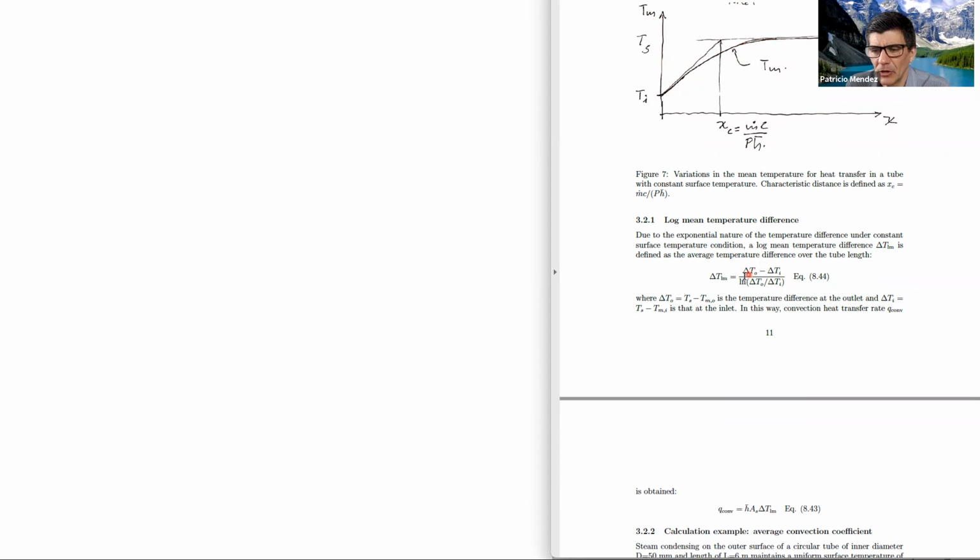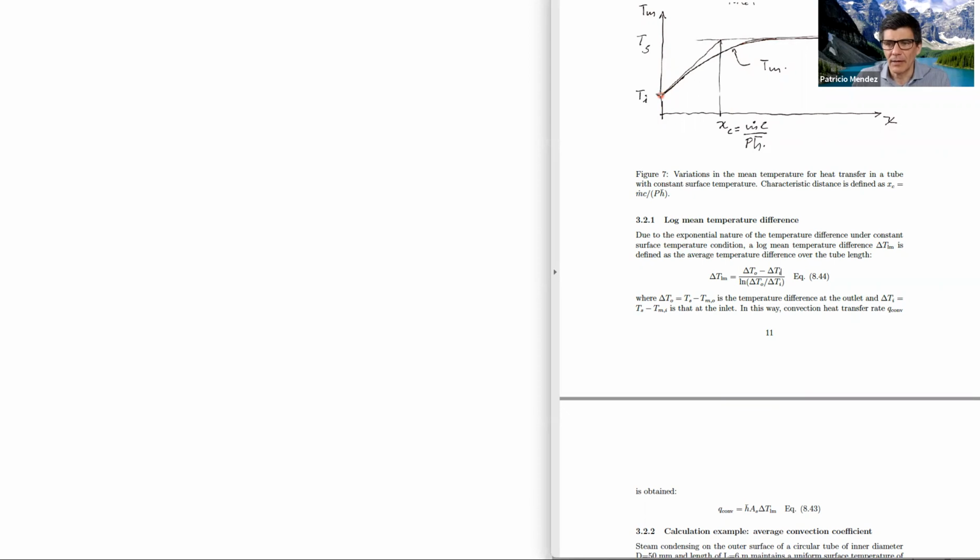So delta T log mean so far for internal flows is defined this way, right? That comes from the math, and is delta T at the outlet, delta TO, minus delta TI, that is delta T at the inlet, right? So to give you an idea, delta T at the inlet in this example we have in this curve would be TS minus TI.